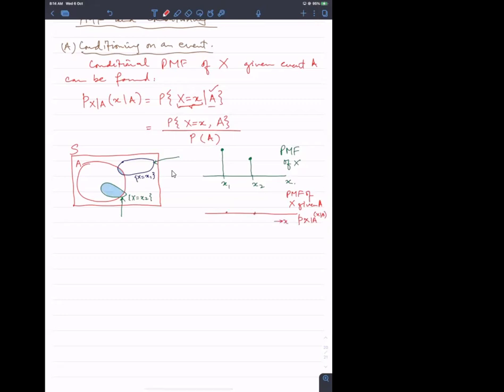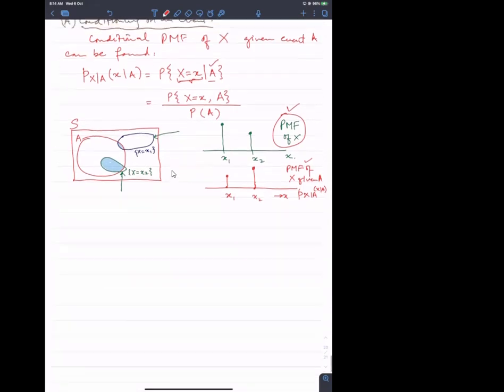Once again, X can take the value x1 and x2, but now it will take the value x1 with a smaller probability and x2 with a larger probability. So these two are both PMFs of X, one is unconditional, the other is conditional. So you can see that given the event A, the PMF of X can be distorted, it can change. Obviously, if random variable X is independent of event A, then these two PMFs will be exactly the same.